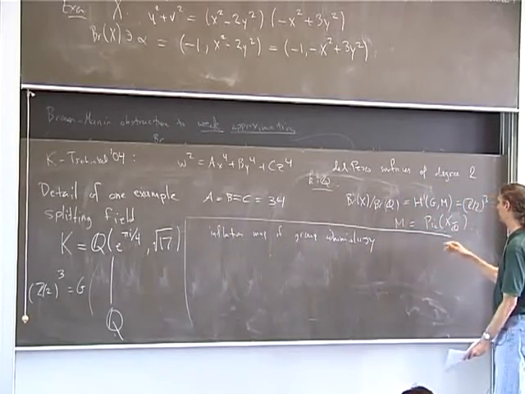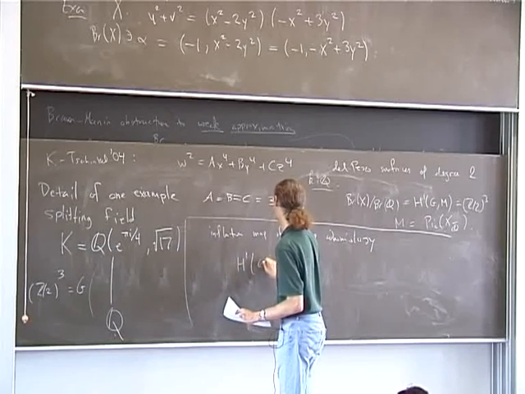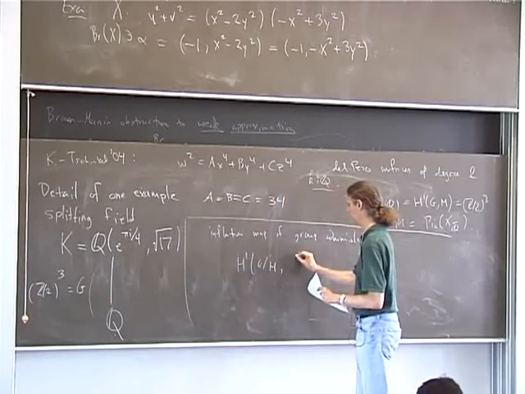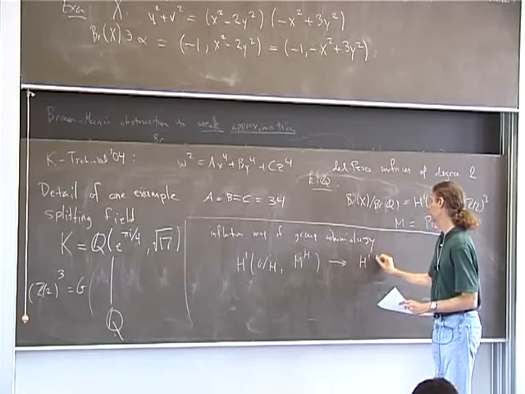So this is a map from H1 of a quotient group and the module of invariants to the full H1.